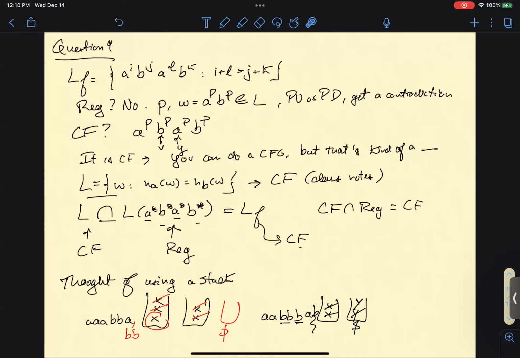We're still talking about the same language. This was the high level idea for the PDA. Seeing A's is like adding +1, and seeing B's is like taking 1 away.